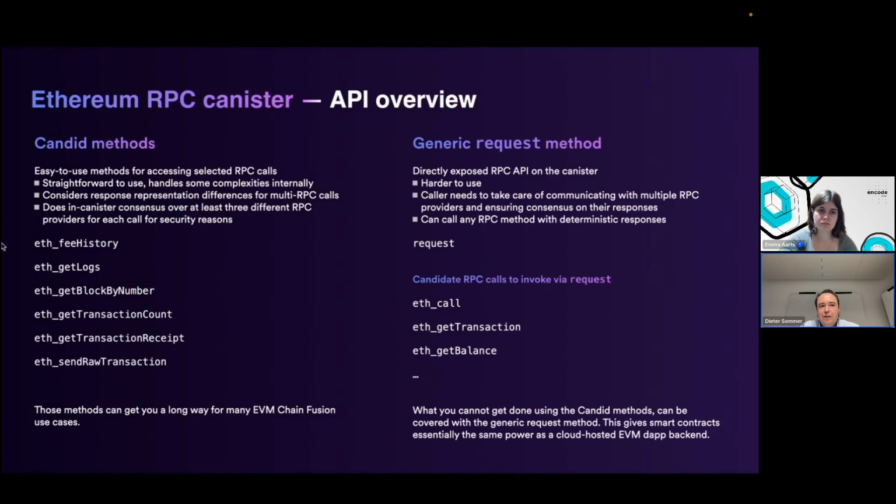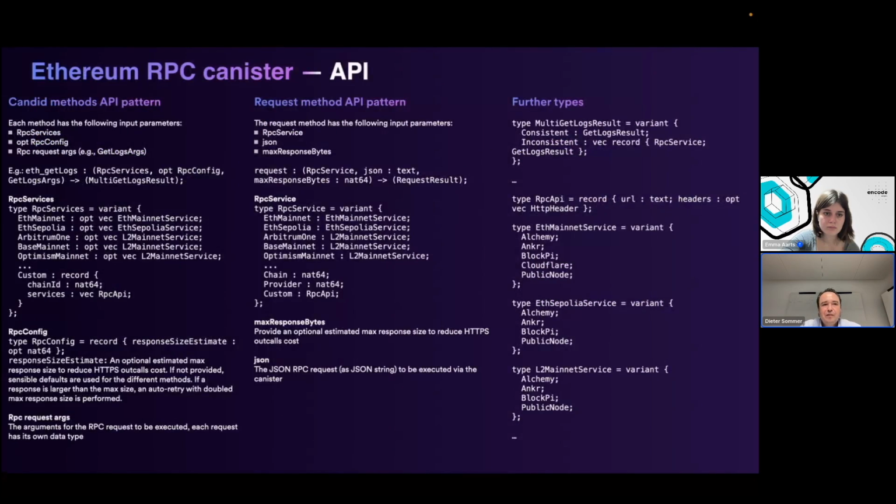What you cannot get done with the candid methods, you can get done with the request method. Essentially, with this request method, you have a full on-chain JSON RPC provider on the Internet Computer that you can talk to. So it's very powerful.